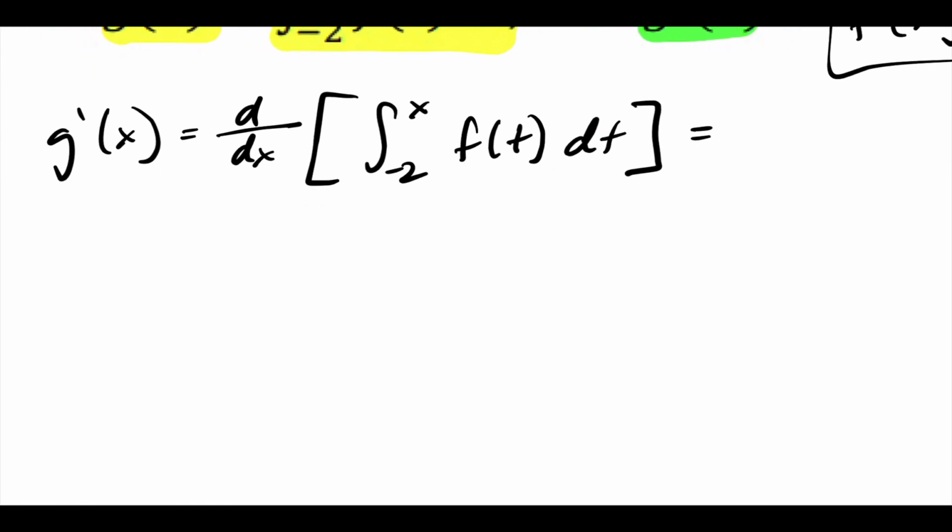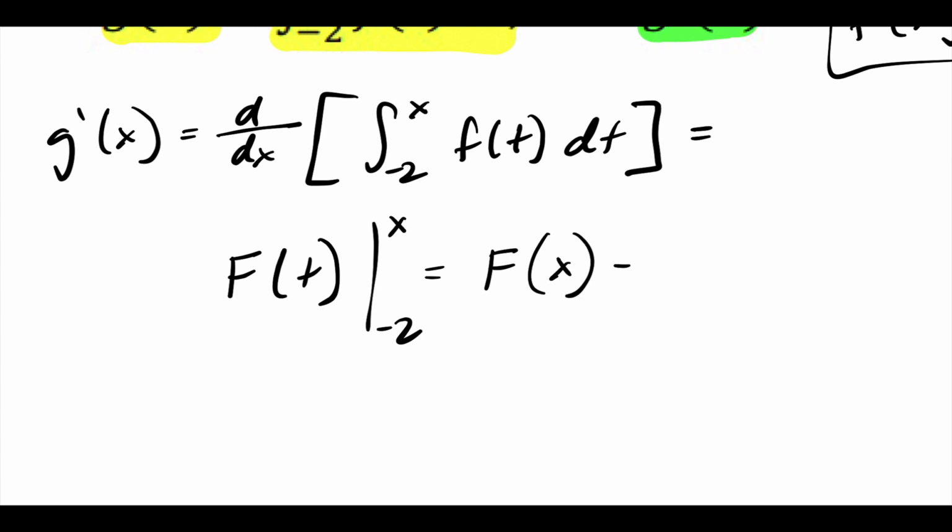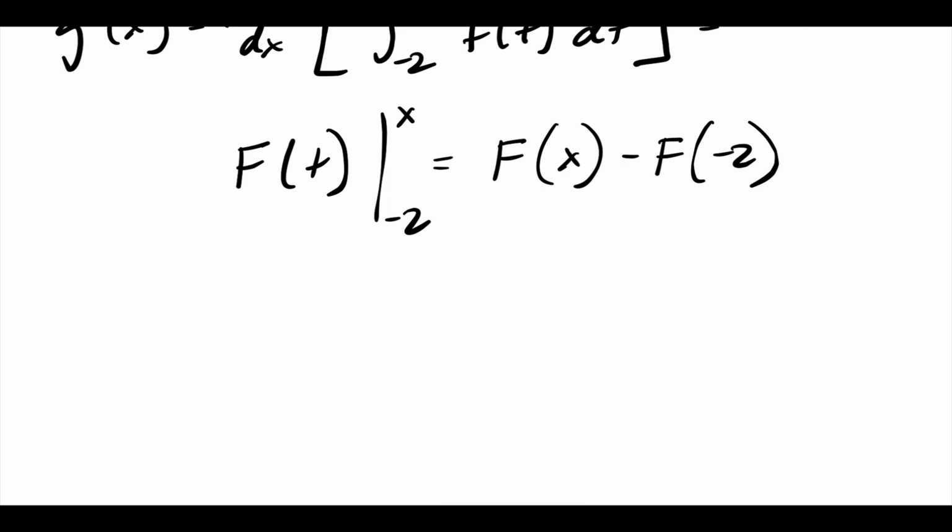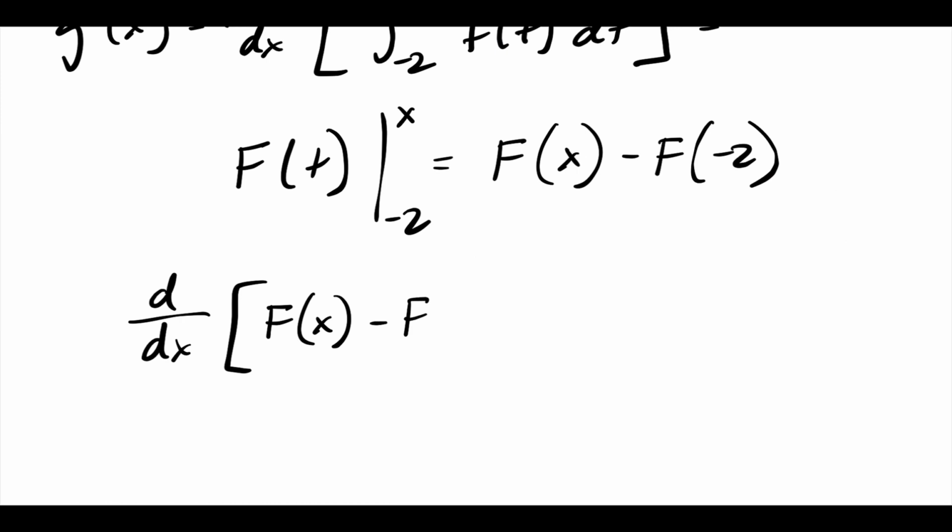The antiderivative of f is just capital F. So capital F of t, and then I evaluate it from x to -2. So capital F of x minus capital F of -2. That's the antiderivative. And then I have to take the derivative of that. So I have to take the derivative now of capital F of x minus capital F of -2.